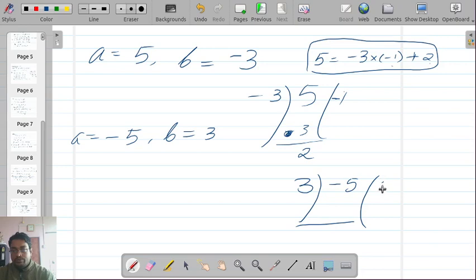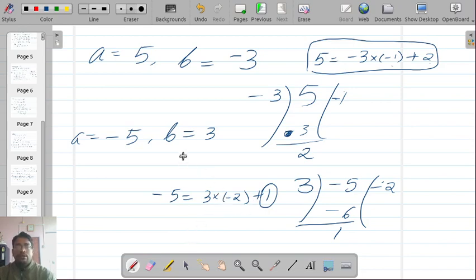So I have to take some number here so that this becomes numerically larger than 5 and negative, so that after subtracting we get something positive. If I take minus 2, 3 into minus 2 is minus 6, and minus 5 minus minus 6 is 1. So minus 5 can be written as 3 into minus 2 plus 1. See, the remainder is non-negative.